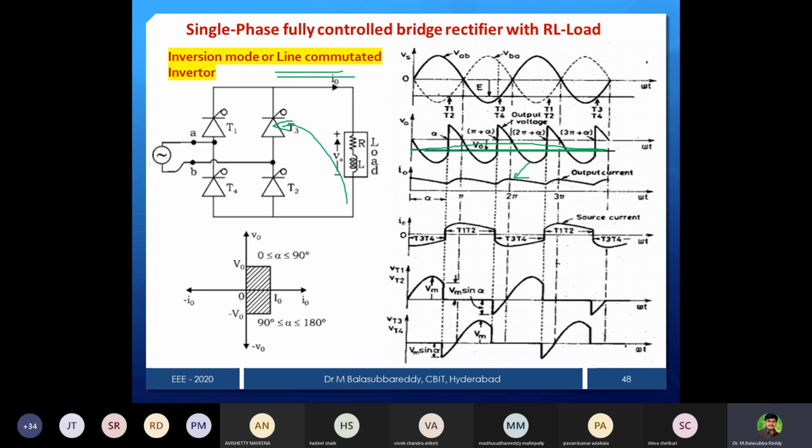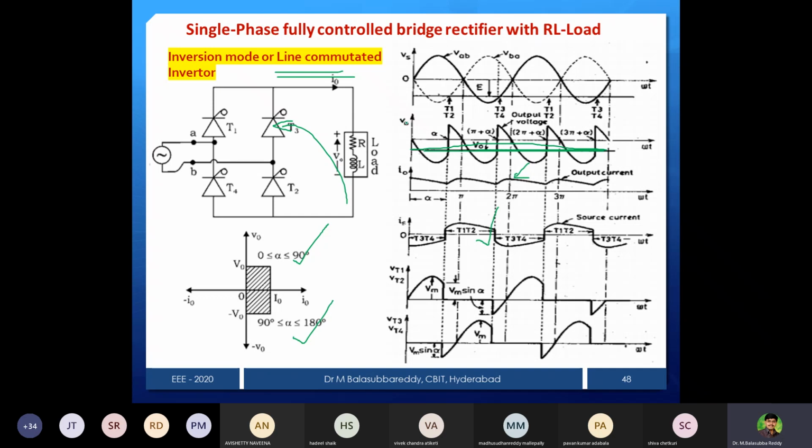But here, in the full case with RL load, there are rectification mode and inversion mode of operation. The rectification mode of operation is alpha less than 90 degrees, or 0 to 90, and the rest, beyond 90, will give the inversion mode of operation.